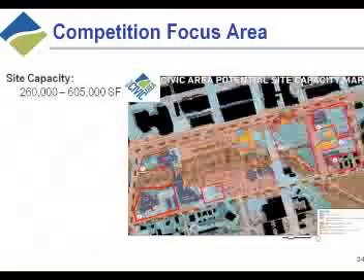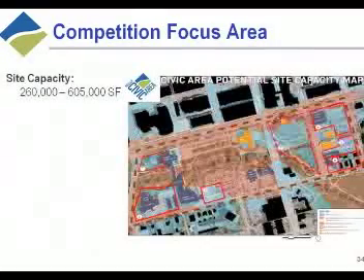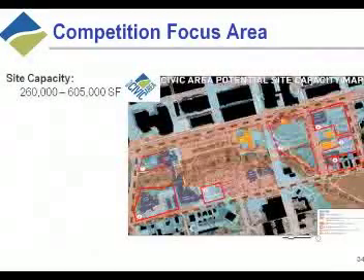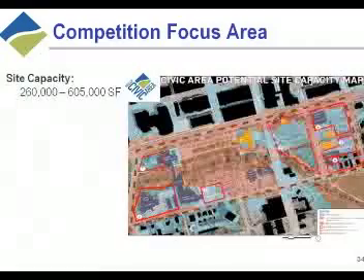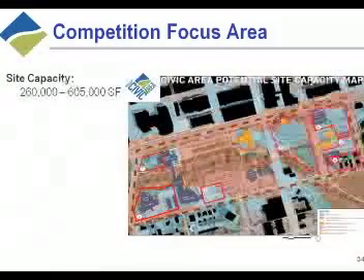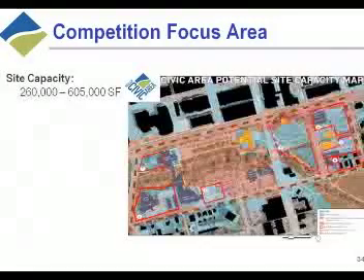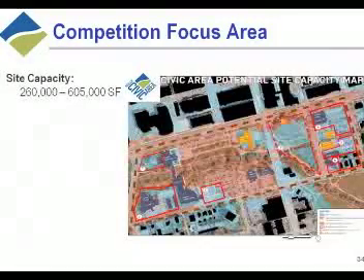Just with a simple exercise, we can see almost 600,000 square feet at 4 stories, but that doesn't mean that we can build that much square footage. It all depends on the type of programs that will be constructed there, or the types of open space that may be increased within the area.